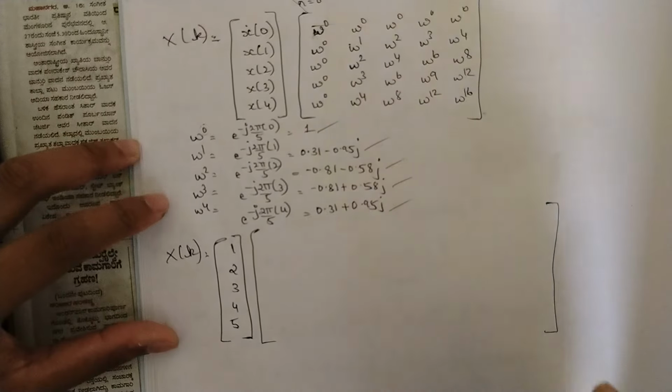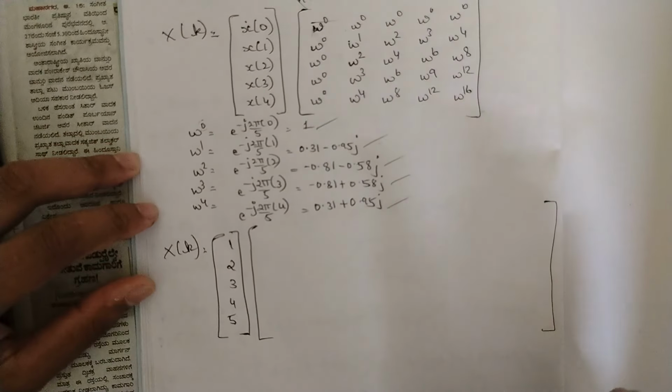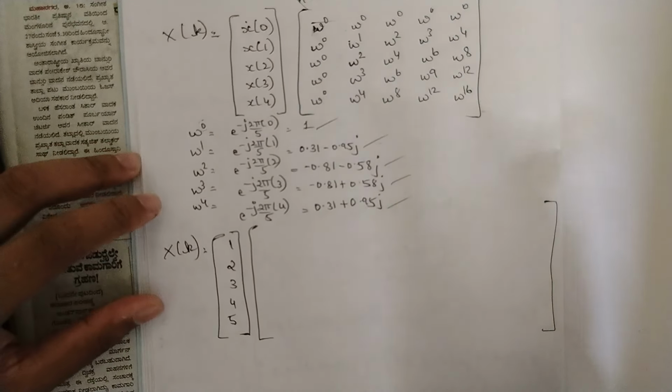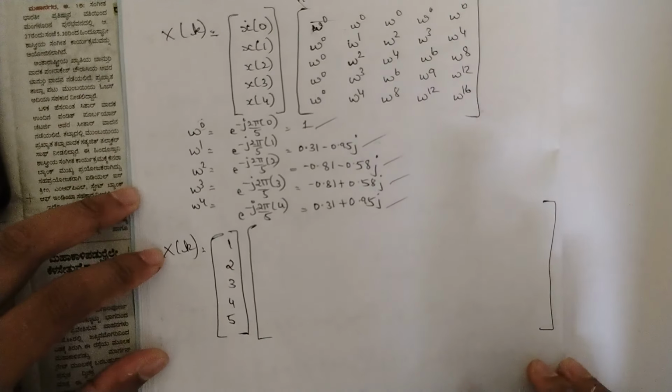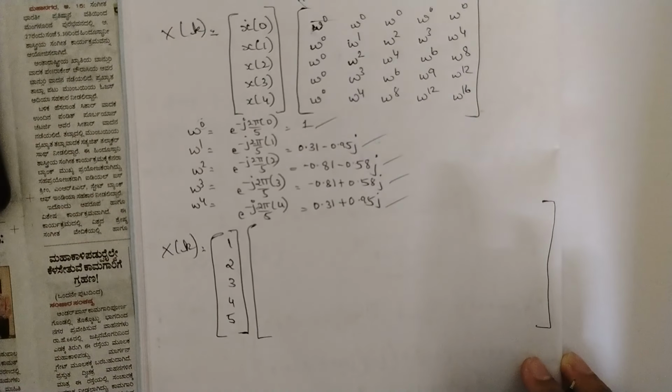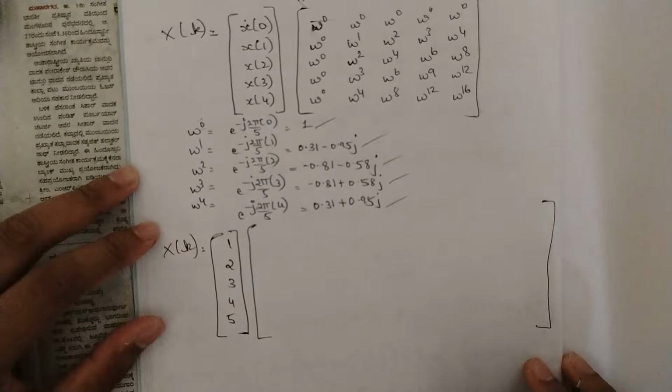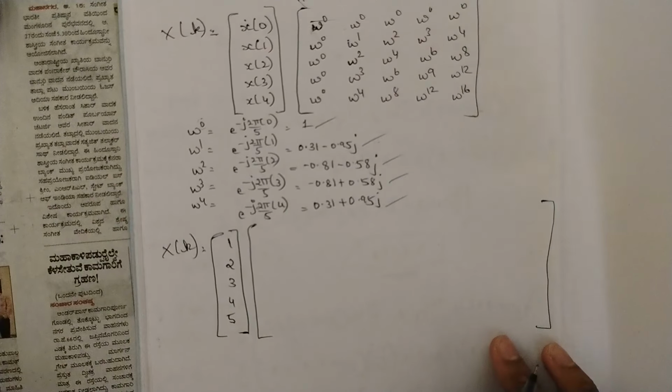Don't write it in a congested way. If you write it in a congested way, it would be very difficult for you to recognize which term you are multiplying with while doing the matrix multiplication. Okay, you should be very careful.